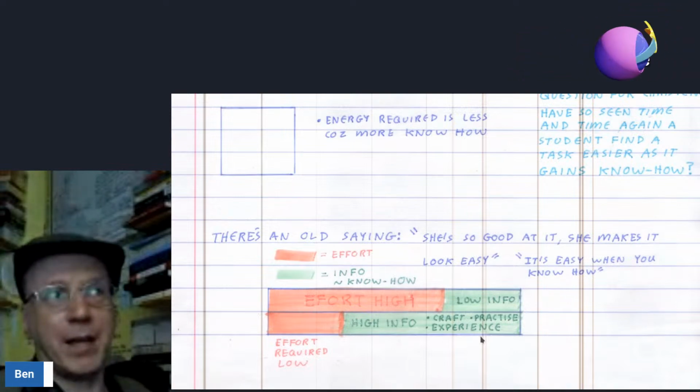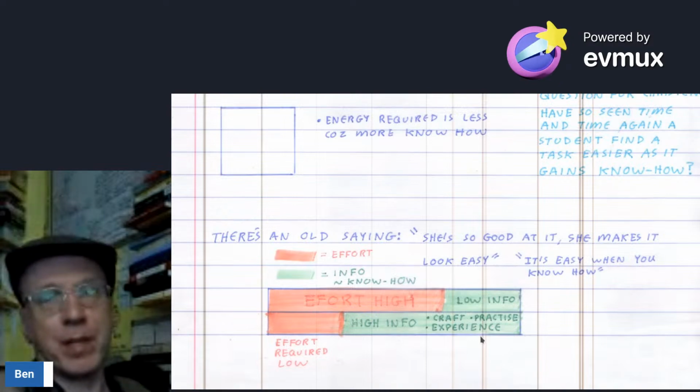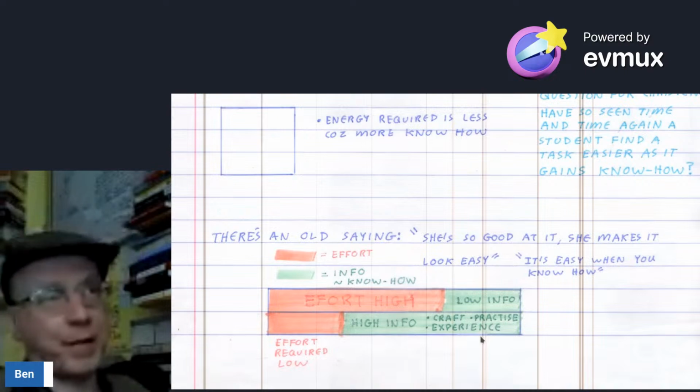Even if your motivation to do the task is low, with that calculation you'll say, oh, I don't like doing this, but it's a piece of pie, I'll do it anyway. So even that affects the motivation level.